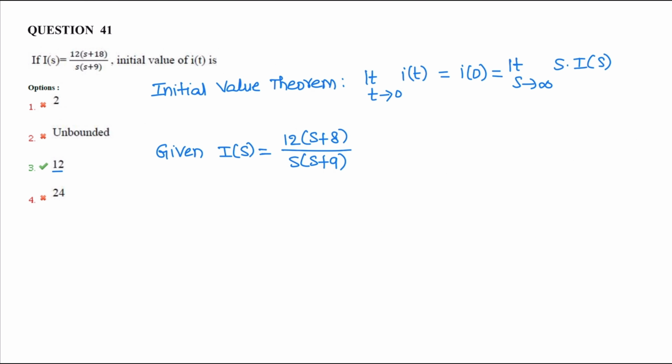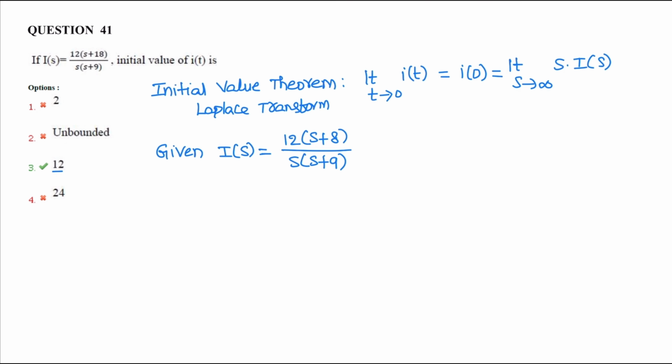Question number 41. It is related to the initial value theorem of the Laplace transform. The initial value theorem: limit t tends to 0 of i of t is equal to i of 0, which is equal to limit s tends to infinity of s into I of s.